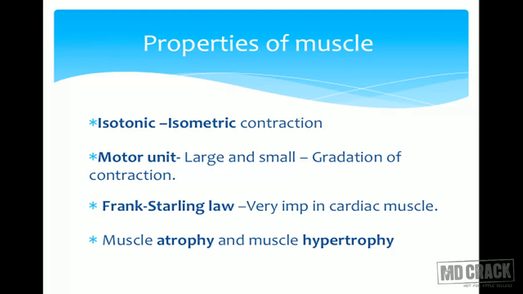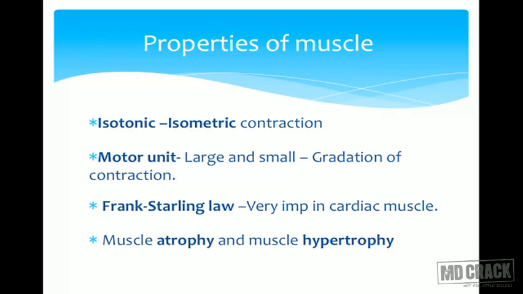The body will only stimulate 1 motor unit. If the body wants the contraction up to 66%, the body will excite 2 motor units. If the body wants full contraction, then the body will excite all 3 motor units. So by having the motor units, we can have the gradation of contraction.